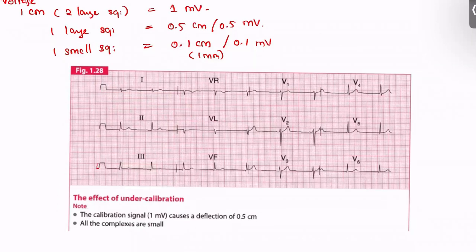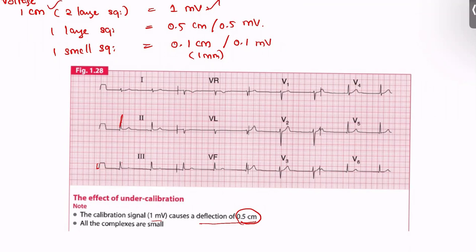So the height of the ECG waves is half the normal. 1 millivolt causes a deflection of only 0.5 centimeter. We have to draw with 1 centimeter for 1 millivolt, so we have to multiply by 2 for the ECG height and depth.